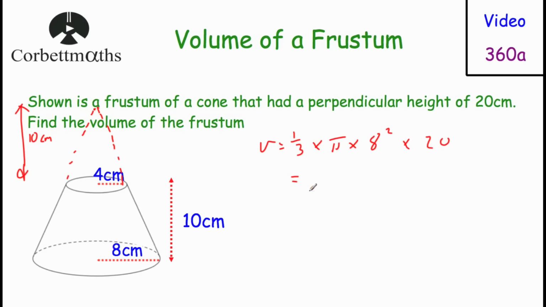Whenever we work that out, we can either get 1,280 over 3 pi. You'll learn about working exactly with pi in M7, I believe. Alternatively, you can write it as a decimal number as 1,340.412866 and so on centimeters cubed. That's the volume of the whole big cone to begin with.